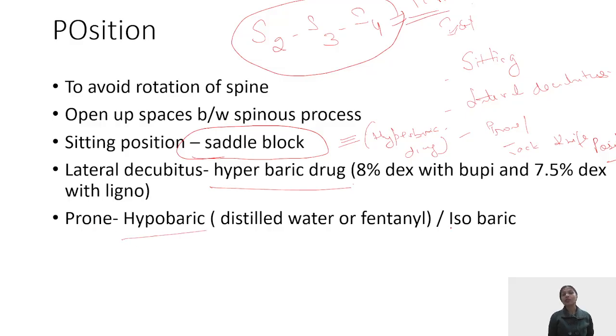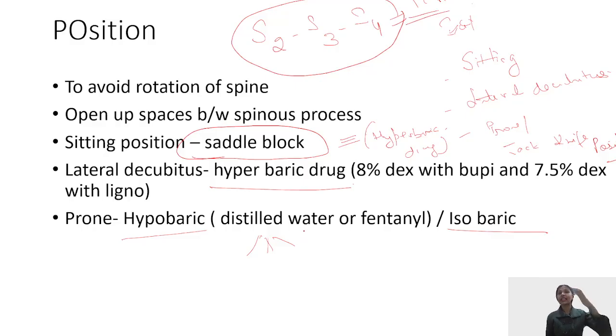Now, before we go further, let me recapitulate. This has already been done in LA classes, but again, I'll repeat it. Depending upon the baricity of the drugs, which is dependent upon the CSF density, the drug which is denser than CSF is hyperbaric. And as the name suggests, hyper, these drugs are going to settle caudal, along with gravity.